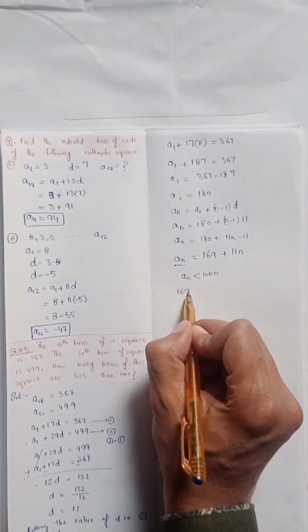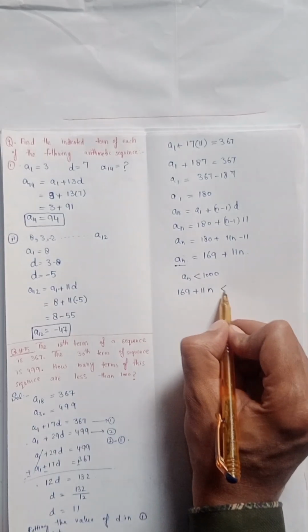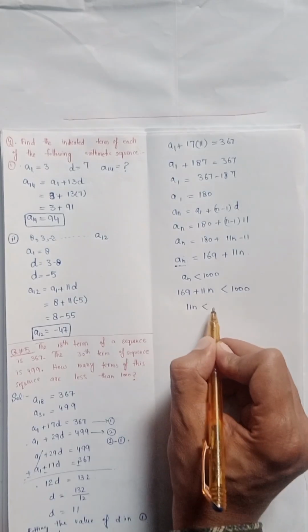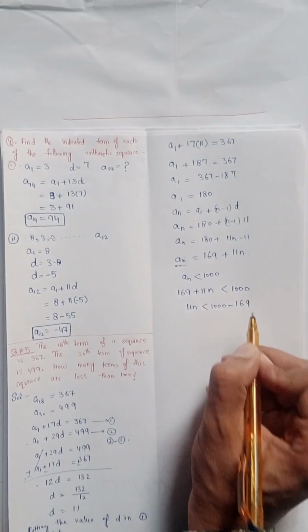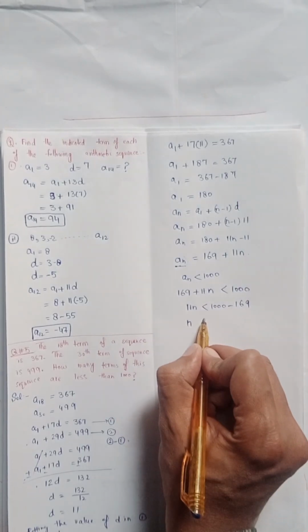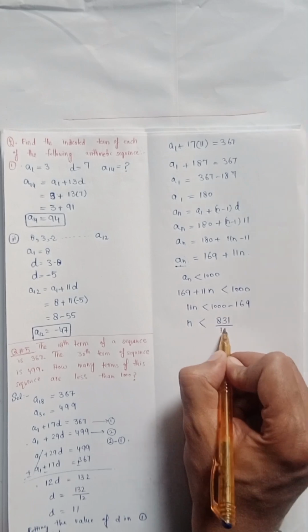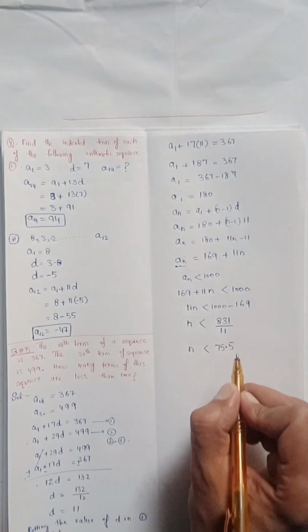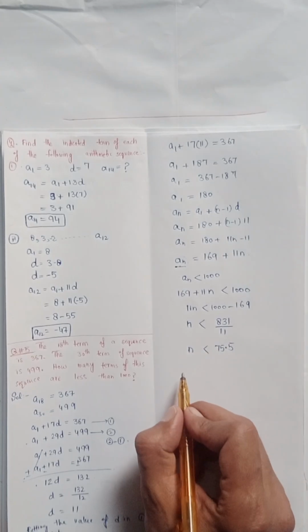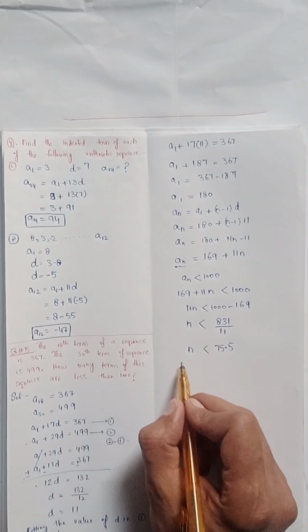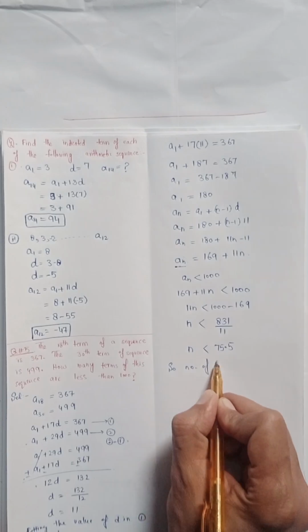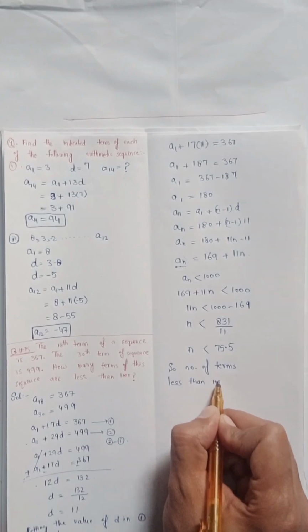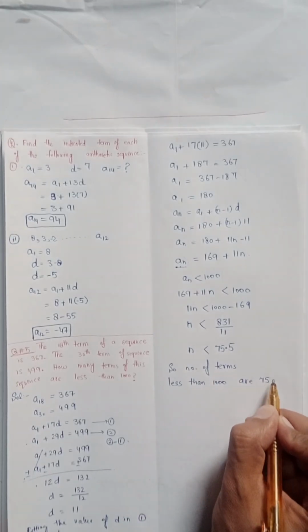So our above equation becomes 169 plus 11n should be less than 1000, and if this is true, then 11n is less than 1000 minus 169, so n should be less than 831 over 11, and n should be less than 75.5, which means the number of terms less than 1000 is 75.